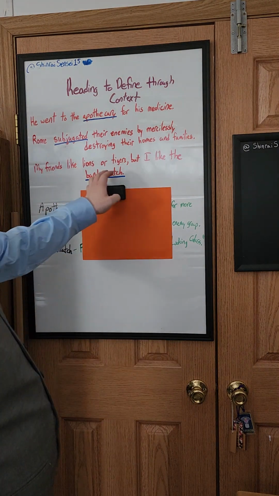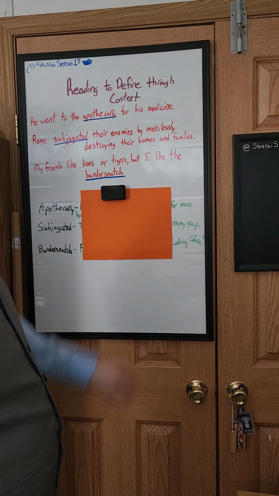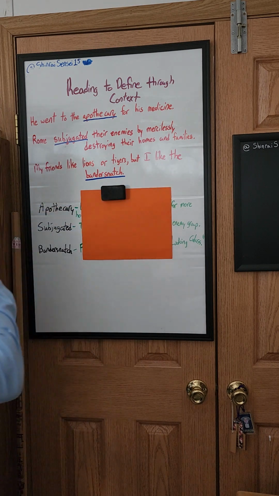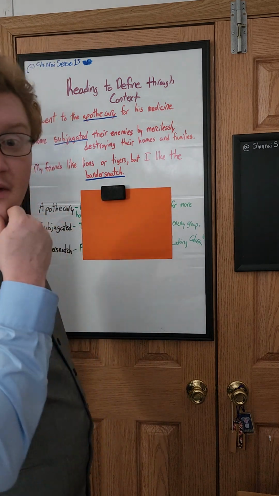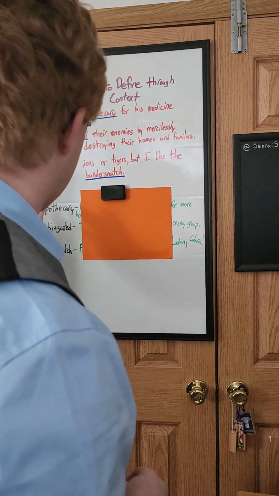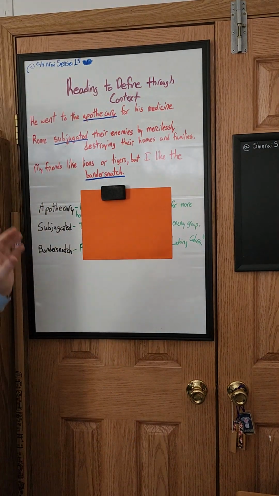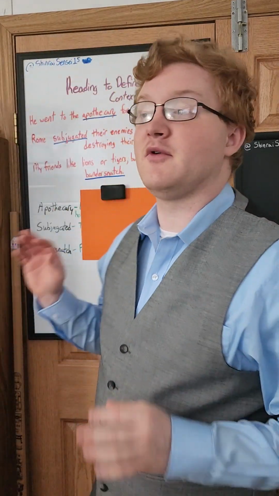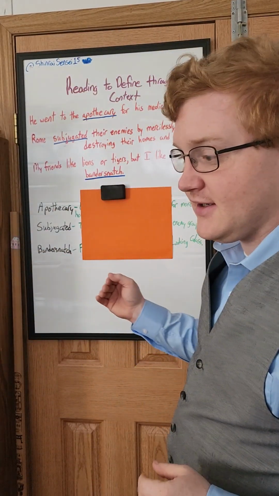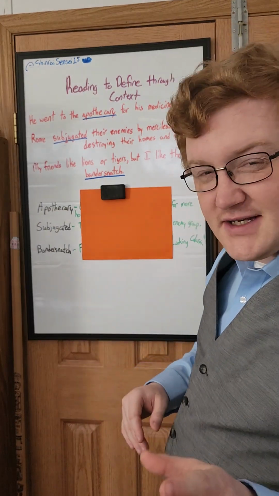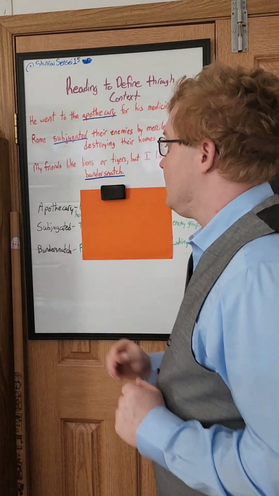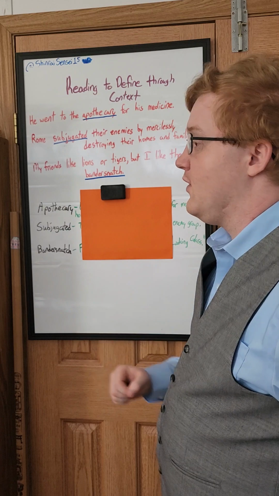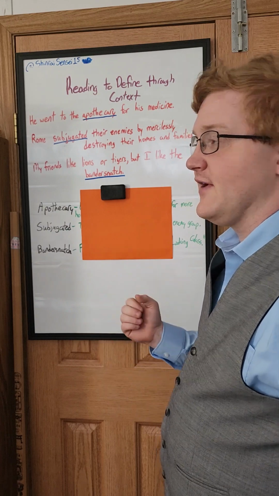My friends like lions or tigers, but I like the Bandersnatch. Alright, so I've got these definitions, or what definitions can be gathered from these sentences, right? I didn't actually look up the real definition because I'm trying to demonstrate that you can get pretty close. You guys can go pull up the dictionary for the two words that are real and then the one that's fictional.